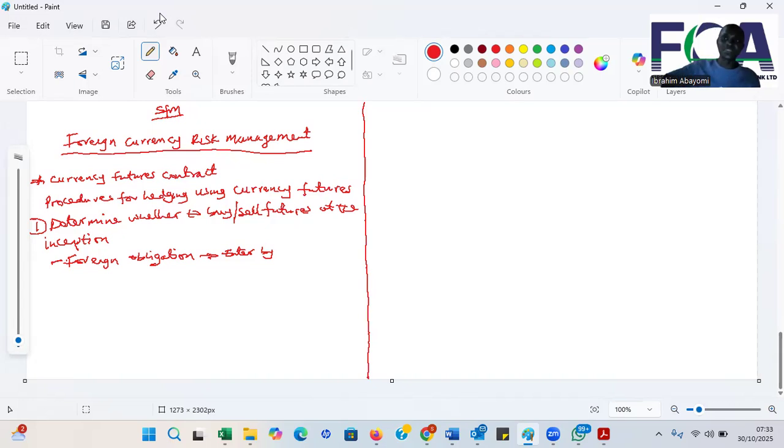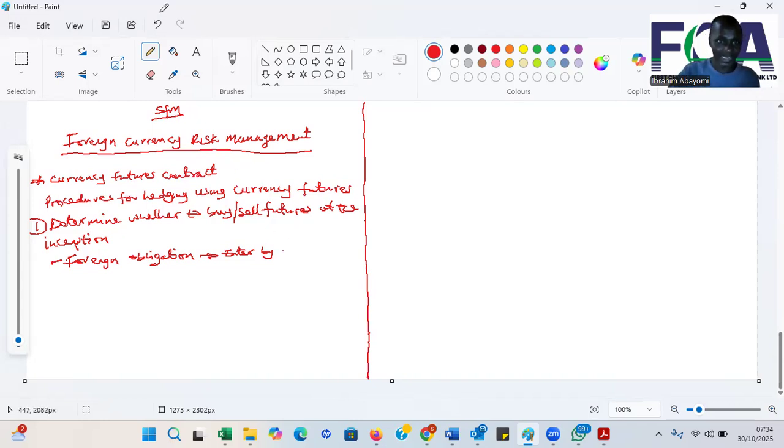However, because the exchange rate has gone up, in the spot market I'll be making a loss because I will have to convert that transaction at a higher rate. But in the futures market, I'll be making a profit. So the profit on the futures market will be used to offset my loss in the spot market.